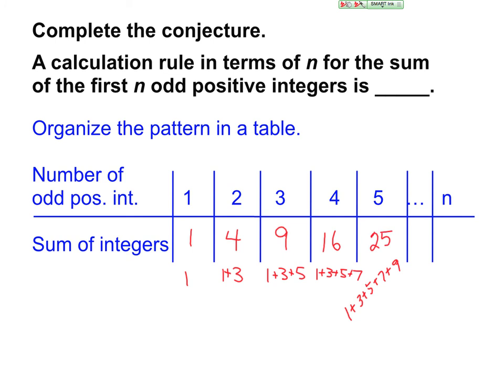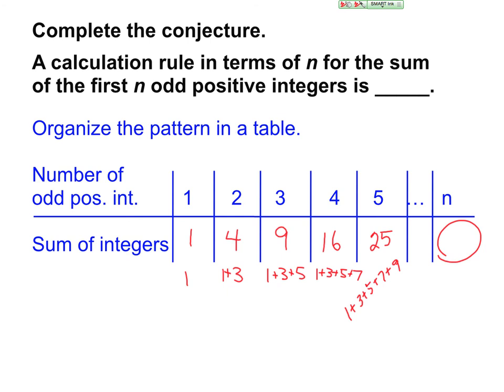Okay, in order to come up with a formula, you will probably have trouble if you try to figure out how much to add each time. You need to think of it in a different way. Remember how Caleb described the pattern 1, 4, 9, 16, 25 earlier? Describe it again. Okay, perfect squares.